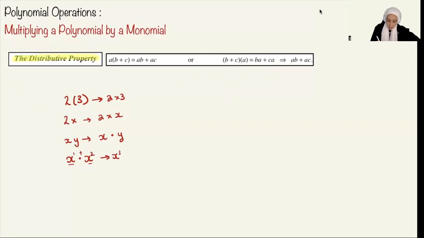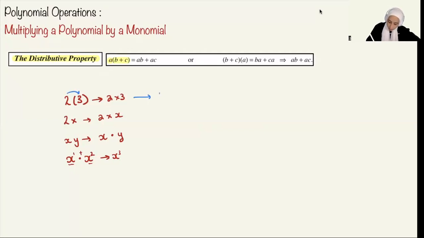So the distributive property here states that if I have a monomial, so that's one term, multiplied by a polynomial, so that's two terms over here, right? So multiplying something that is more than one term by one term, I use something called the distributive property. Now, do you see how when you did 2 times 3, all you did was take this 2 and multiply it by the 3?